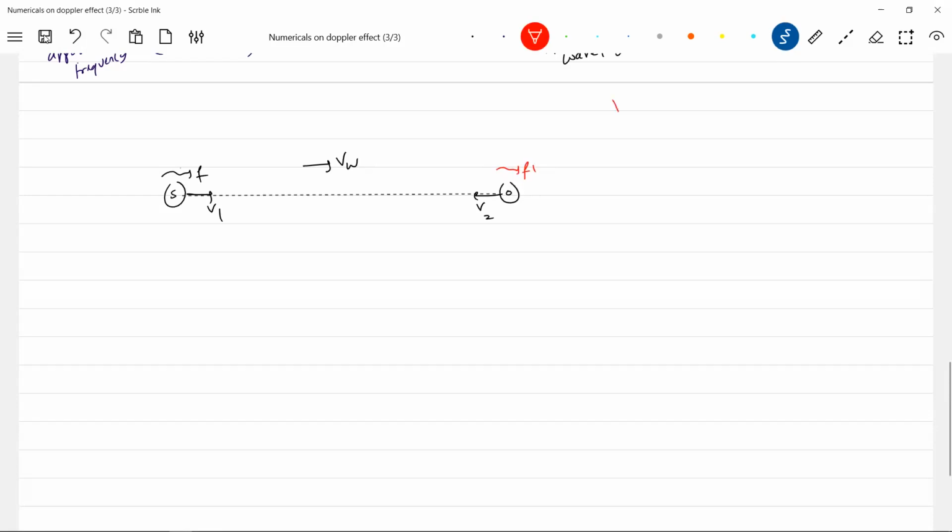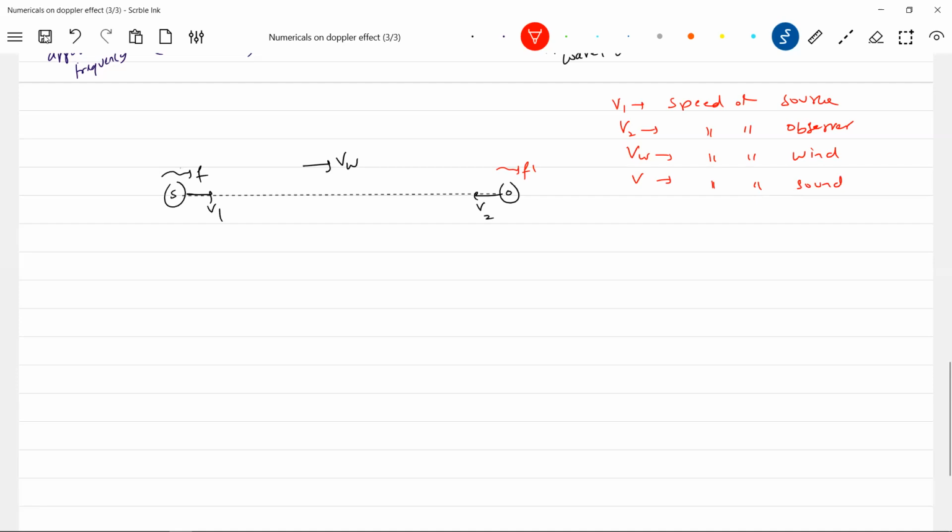What are the symbols? v1, v2. We have symbols, no? First we'll define them. This is the speed of the source, the speed of the observer or detector. Next, the speed of wind, the wind will blow, and this is the speed of sound.